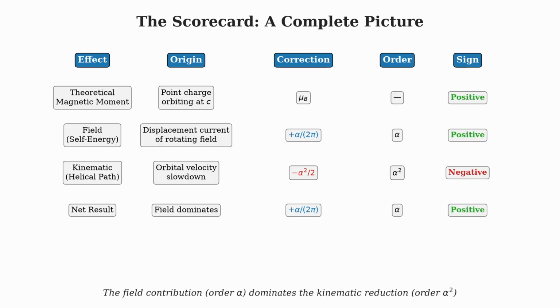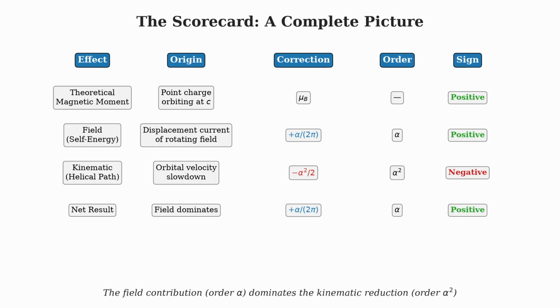So the field contribution really dominates the kinematic reduction, which I calculated as well. I said if the effective radius and the effective velocity of that point-like charge are a little bit smaller than the theoretical radius and light speed, the kinematic reduction you would get in my model is actually a reduction of the magnetic moment of the order of alpha squared.